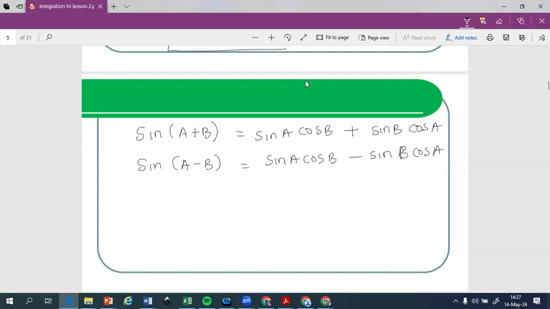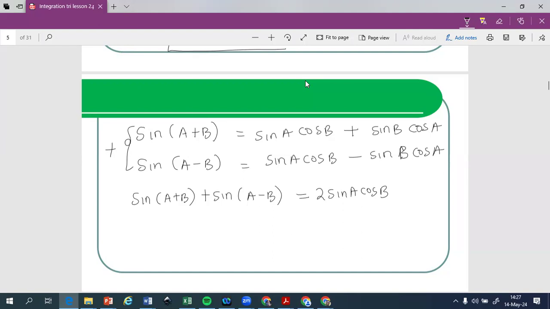Now our task still, we are going to do the same, to add or subtract any of the two, but now adding. When I add, what will I get? This side, I'll end up with sine of A plus B plus sine of A minus B is equal to, now, sine A cos B, meaning that these two can be added, so we end up with 2 sine A cos B. Then a plus and a minus, since it is sine B cos A, since I'm adding, it will vanish to 0.